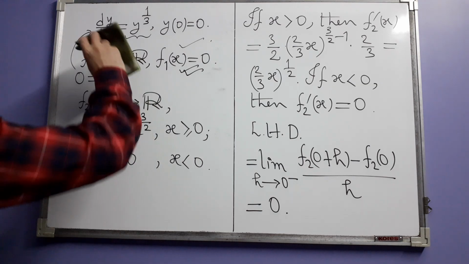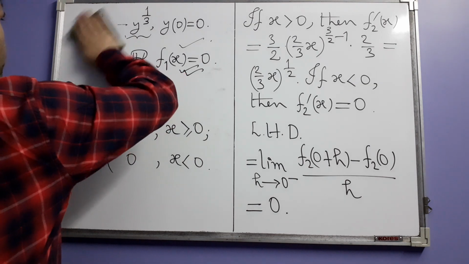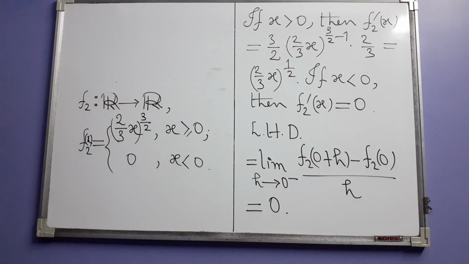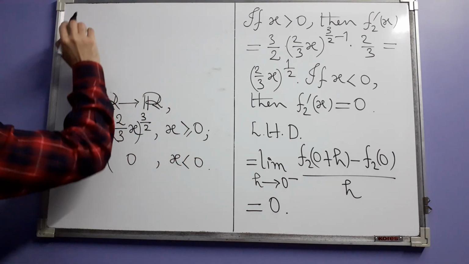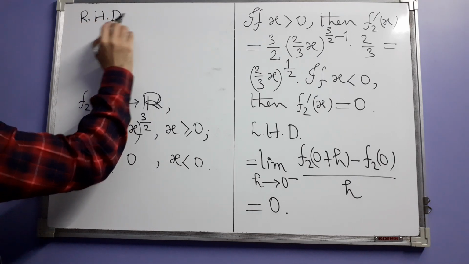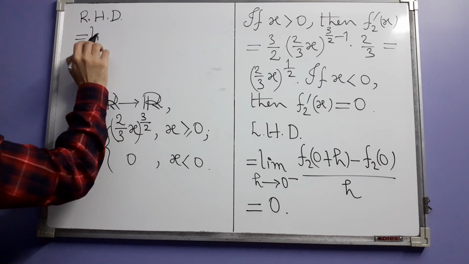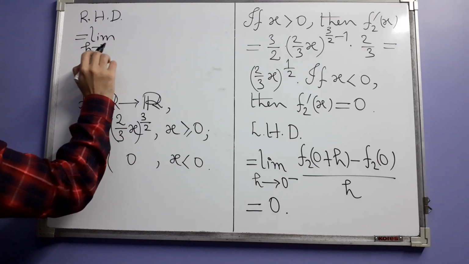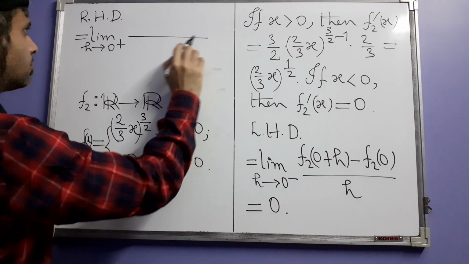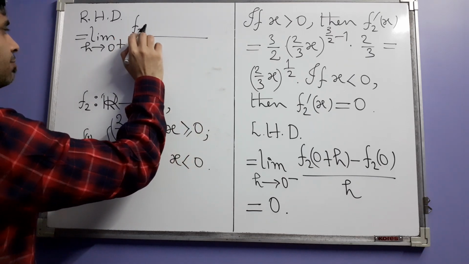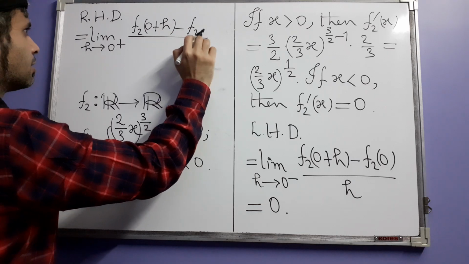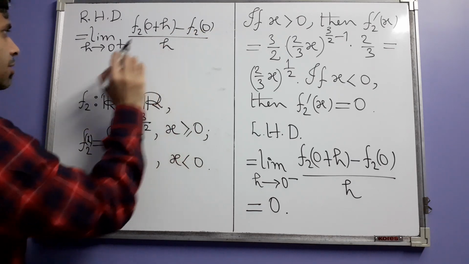Next we see the right hand derivative. Right hand derivative similarly is this limit. This time h is approaching 0 from the right side, f2 of 0 plus h minus f2 of 0 divided by h.